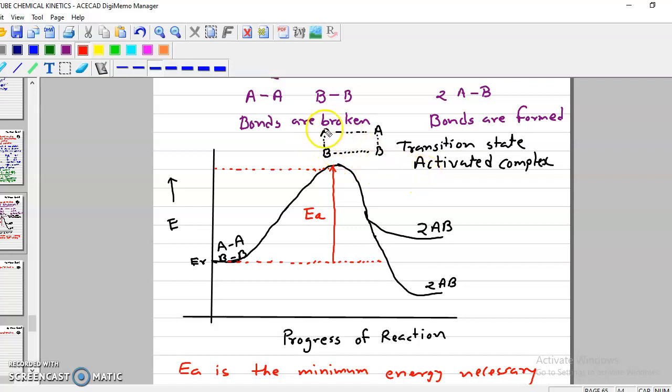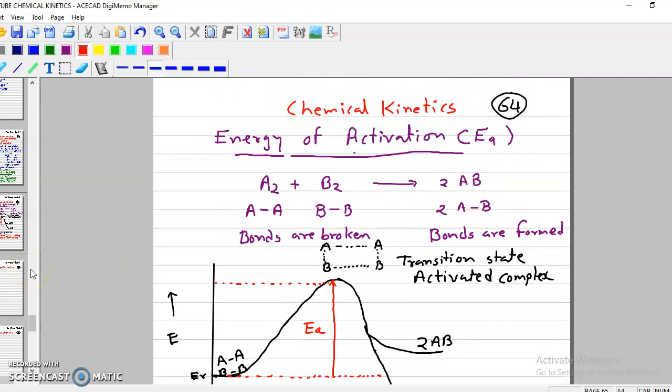When they form the activated complex, then A and B can combine and form AB. If they collide somewhere in this lower range, product cannot form. A minimum of this much energy is required, then we get product. So this is about energy of activation. Thank you so much.